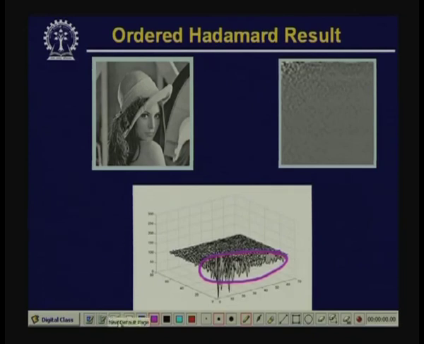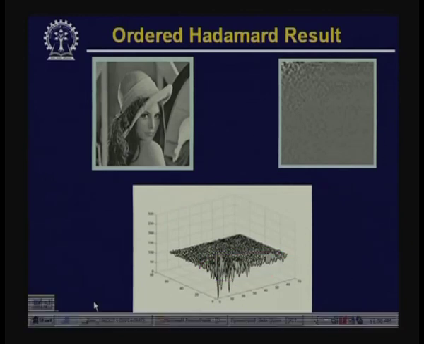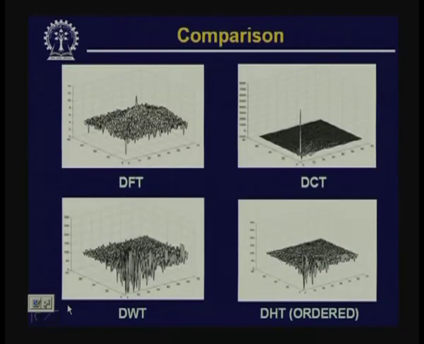Now, this slide shows the comparison of the transformation coefficients of these different transformations. The first one shows the coefficient matrix for the discrete Fourier transformation. The second one shows the coefficient matrix for the discrete cosine transformation. The third one is for discrete Walsh transformation, and the fourth one is for discrete ordered Hadamard transformation.